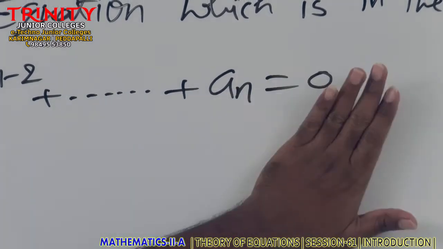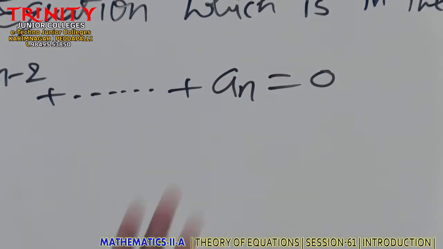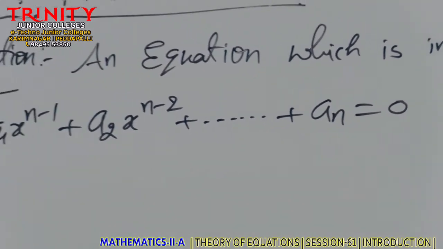If it is not equal to 0 only up to an, if we write, then that is called a polynomial expression.